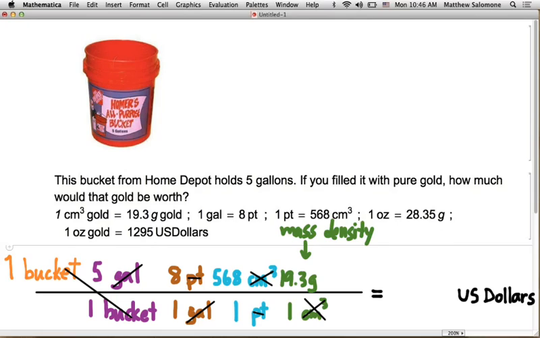Then what? Grams to ounces. Grams to ounces by putting grams downstairs and ounces upstairs, using the conversion factor 1 ounce is equal to 28.35 grams. And now our grams are gone. And we have a certain number of ounces of gold, and then how do you get from there to money?